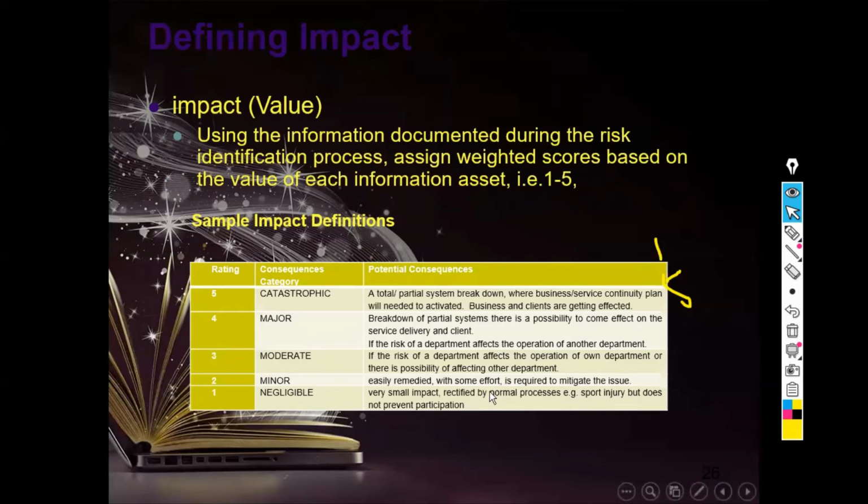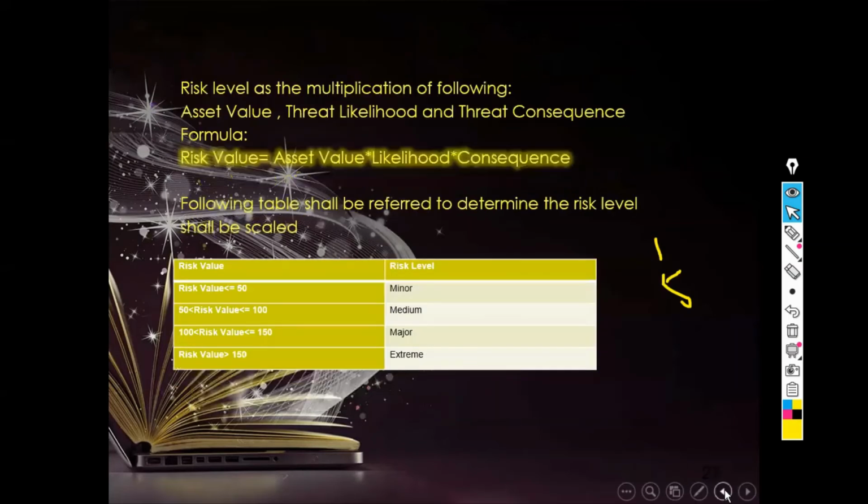When it is not going to happen, when the impact would be very negligible to the organization, it is called negligible. Or when it is going to happen, a major breakdown to our IT system assets, major impact would be there, then we are going to give a rating of 5. This is the scale of 1 to 5 that we are also going to use.